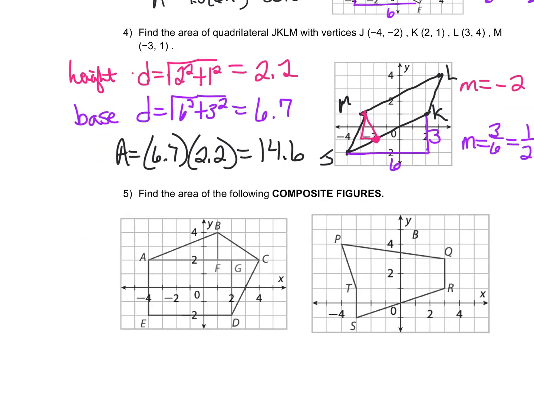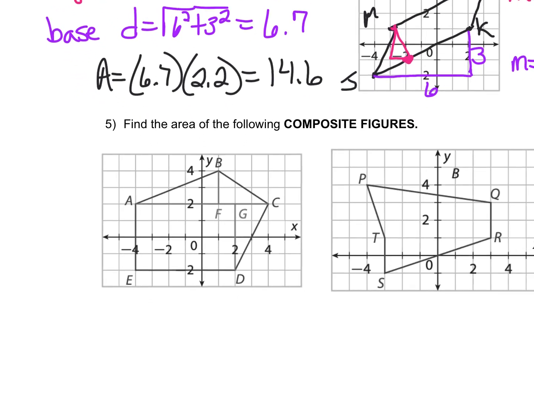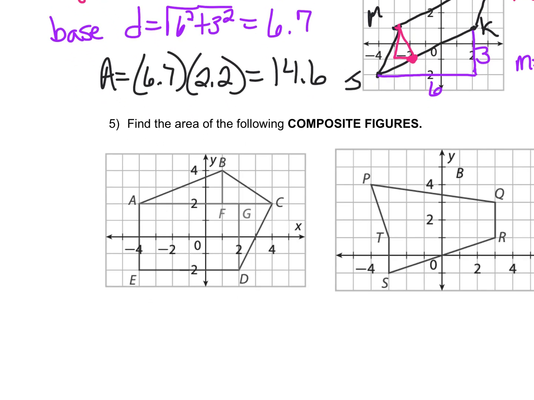All right, so now composite figures. I should have stopped that last one. I had you guys do it and then check back. So composite figures, we got to make different shapes, and it's kind of drawn on here if you can see it.